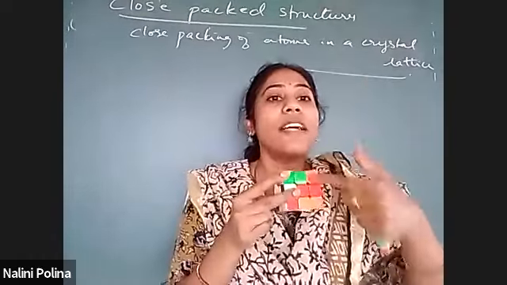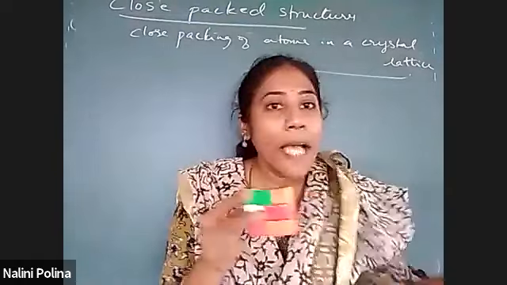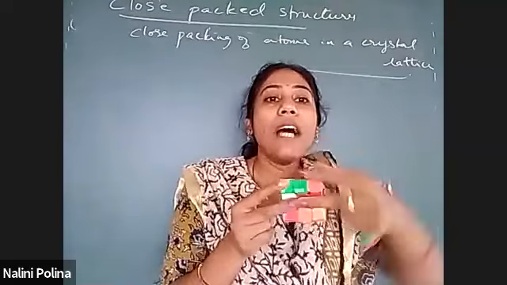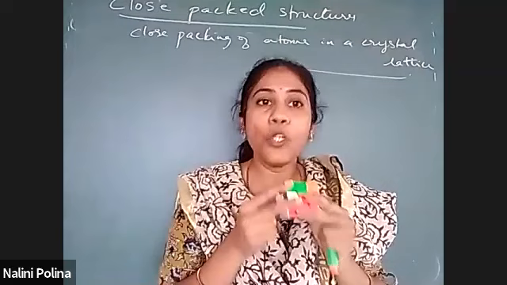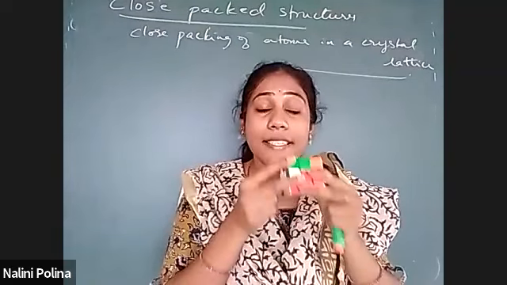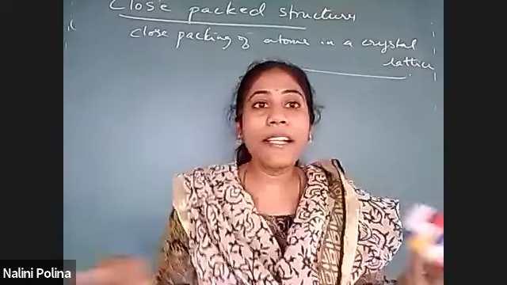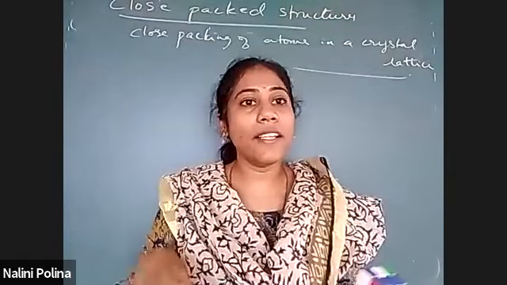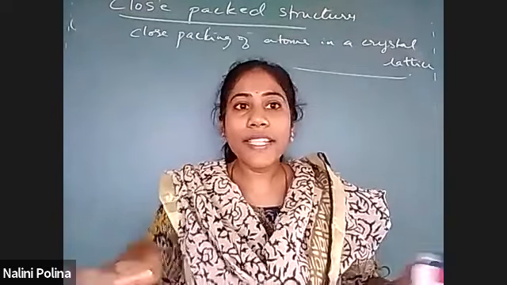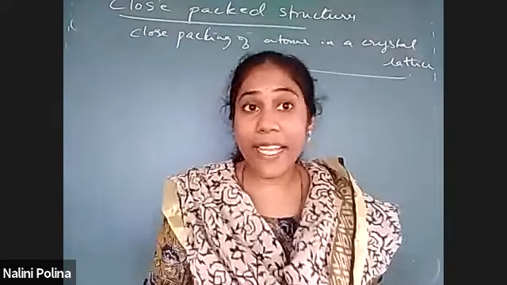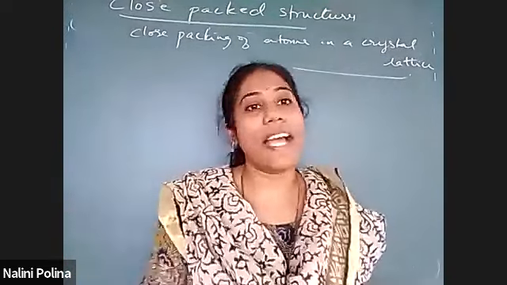Why? Because the atoms are very closely arranged. There are no gaps in between. The entire three-dimensional space has been used by the atoms for close packing. Such must be the condition for stability. If there is no such arrangement and there are too many gaps between the atoms, that particular solid will collapse and become very weak. That's why close packing is compulsory for any crystal lattice.